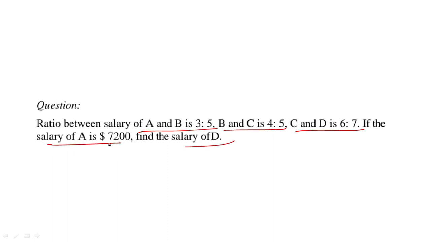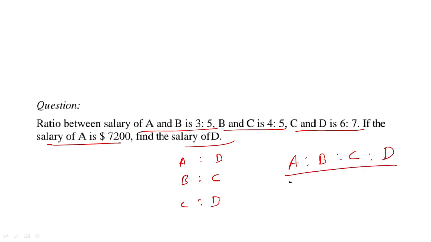So basically, we are given A to B, B to C and C to D. We have to find the complete combined ratio, A to B to C to D, and from this ratio we will get A to D, and as in the last problem we will calculate the salary of D. So let's see how to solve this type of problem.